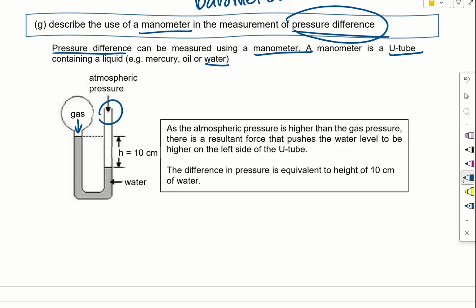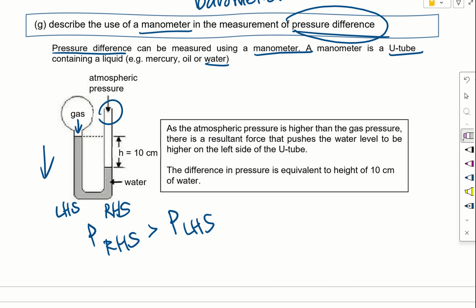Because the liquid level on the right hand side of the tube is lower than the left hand side, we can see that the right hand side has a larger pressure than the pressure exerted by the gas on the left hand side. If they are at equal level, they will have the same pressure. And if the left hand side's level is lower than the right hand side, then the left hand side will have a larger pressure, and so on.